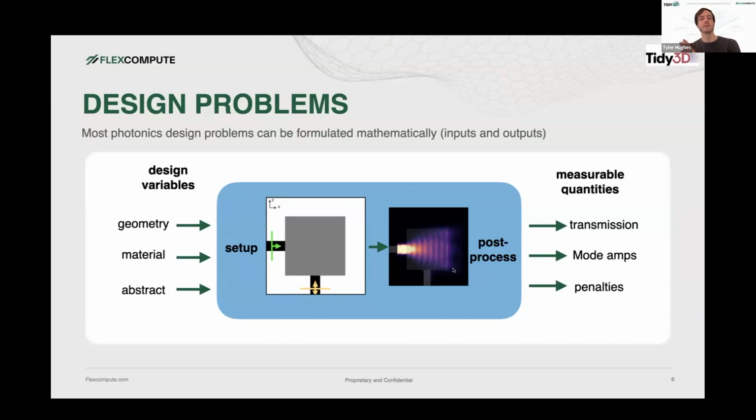Typically you're not interested in the fields directly, but rather in post-processing them to compute some measurable quantities of interest, such as the transmission, the mode amplitudes, or even some penalties determined by how your design variables are set up. In general, you can think about everything in this blue box as a function f of x, where x are the inputs, and f of x gives you the measurable quantities you care about designing over. So we abstract everything out and just think about design as this function f of x.